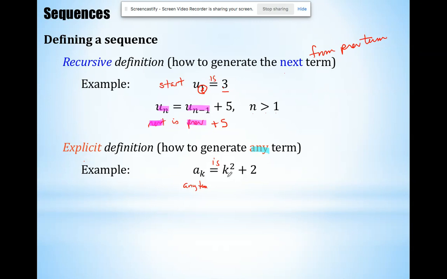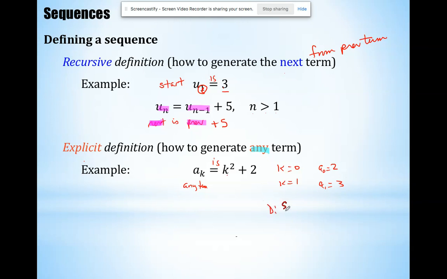So any term is k squared plus 2. Maybe I start this one at 0. k is equal to 0, so your first term would be 2. k is equal to 1, a sub 1 would be equal to 3. You could also write this out as domain and range, right?